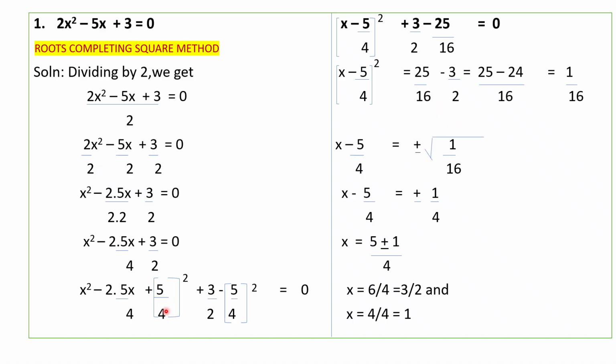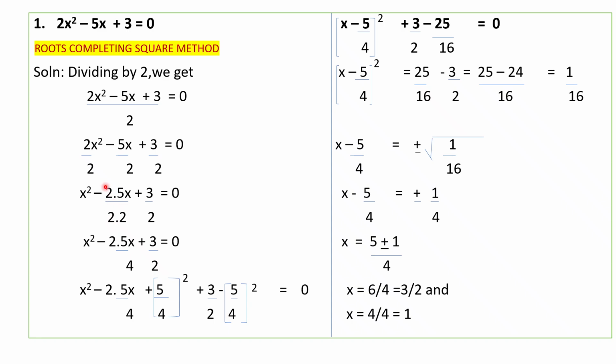So you just have to find out this factor, how this 5 upon 4 comes. Once again I am repeating, you first divide the whole expression by the coefficient of x square and then you multiply the middle term by 2 in the numerator as well as in the denominator. Why in the numerator and denominator?